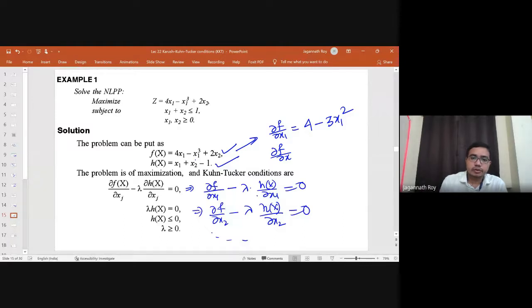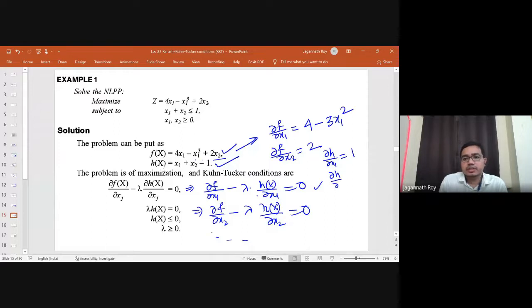Del f del x2 we have to calculate. So this is what? Yeah, only 2. Similarly, we have to calculate this one. Del h del x1 is nothing but 1.